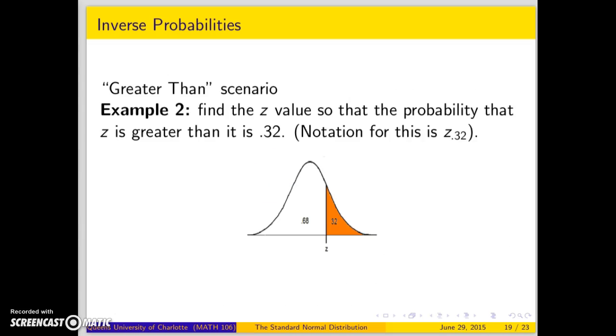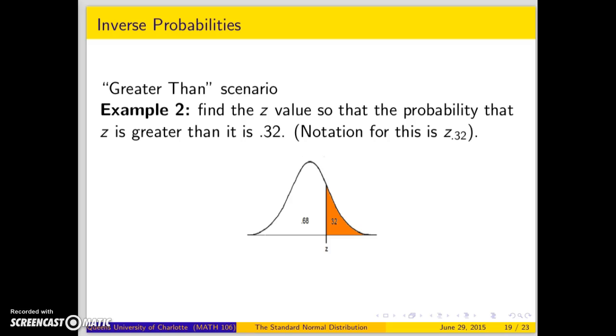Now looking at the greater than scenario, if we want to find the z value so that the probability that z is greater than it is 0.32, this is the notation you may see. If you see z subscript 0.32, that means when you want to find the value of z, 32% is to the right.